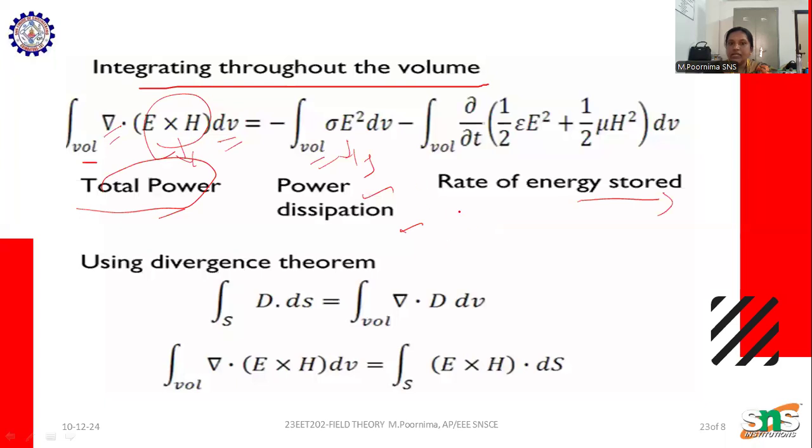Using the divergence theorem, the volume integral can be converted into a surface integral of E cross H.